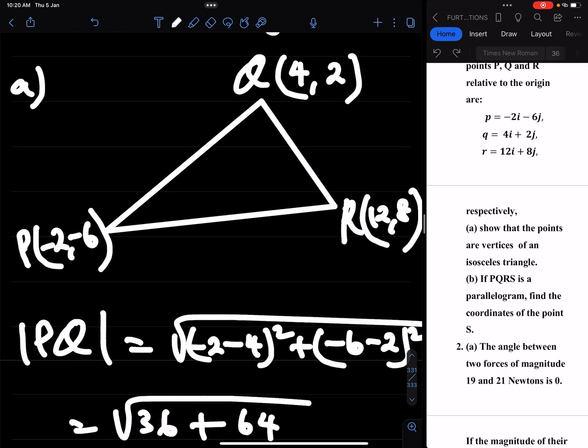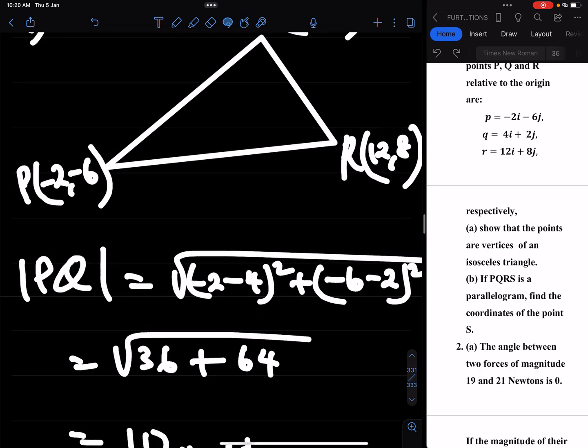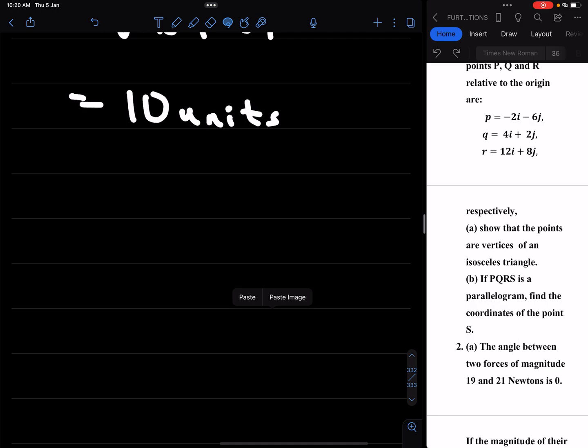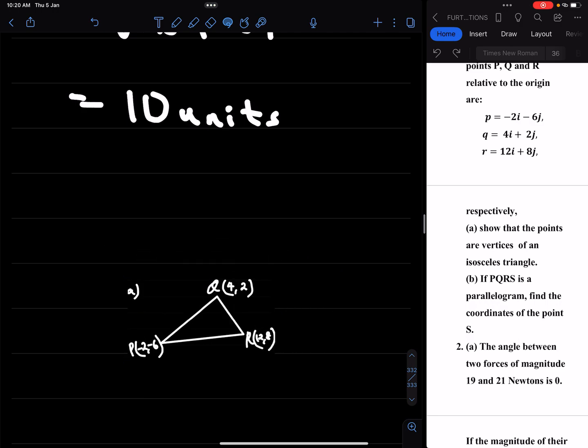Now let me find length QR. I want to copy the diagram and put it down there so that we can see what we are copying from. Now I want to find length QR.